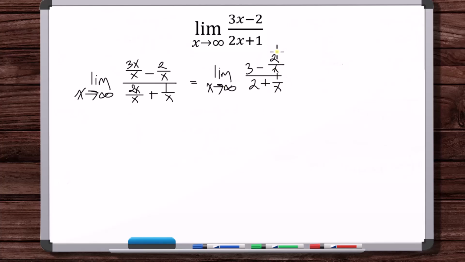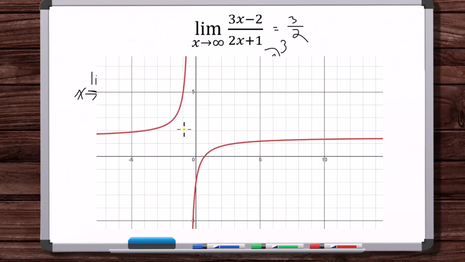Okay, so as x goes to infinity, this goes to 0, so the numerator goes to 3. This goes to 0, the denominator goes to 2. 3 halves. So as x goes to infinity, we can see that the function approaches 3 halves.